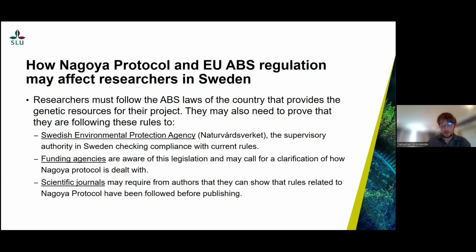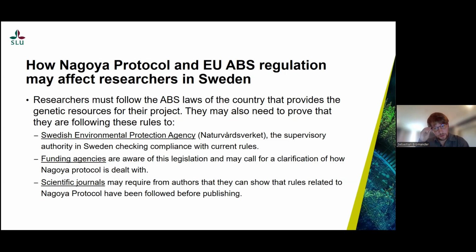As I mentioned, every country must monitor compliance with these rules, and in Sweden it is the Naturvårdsverket, the Environmental Protection Agency, that may do a compliance check and has responsibility for the supervision. But also more and more, and that's maybe the most common way that I come in touch with compliance demands, are the funding agencies.